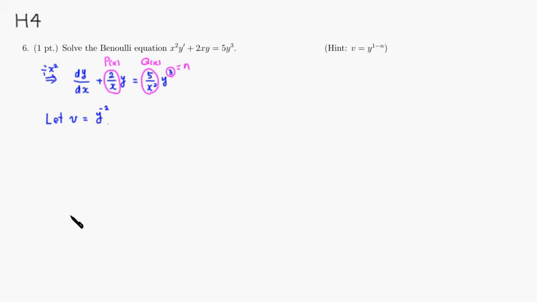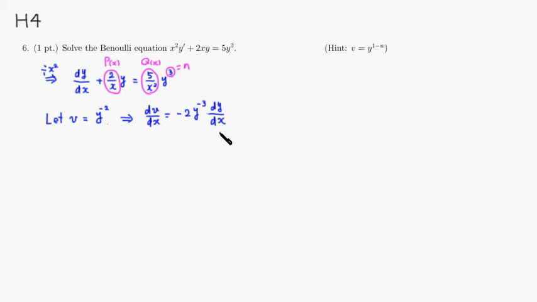Let's take the derivative of this and see what we can get. If you take the derivative, we get dv over dx. Put negative 2 in front, y, and subtract 1 from the power, so it's negative 3. Then by the chain rule, we have dy over dx. Keep this in mind.